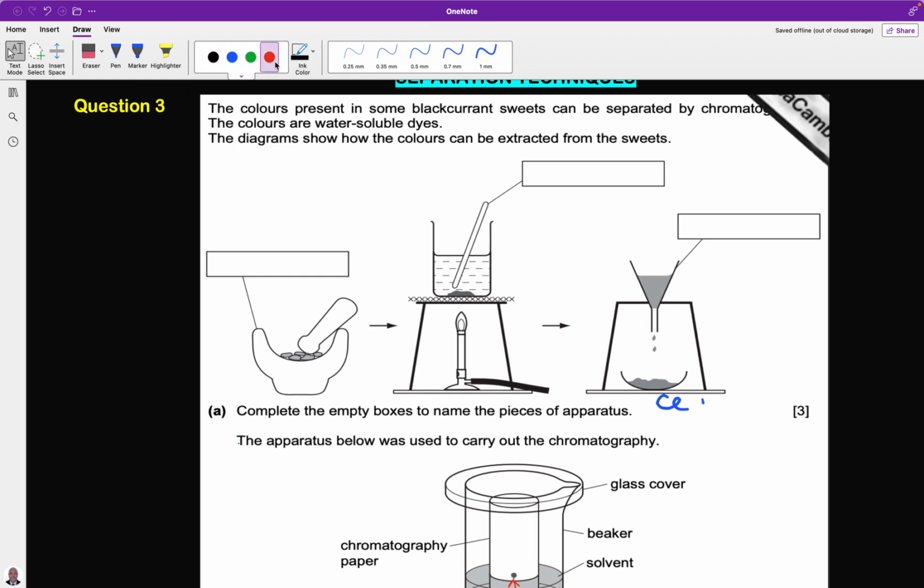Naming this apparatus, we will say this is a motor. This is a glass rod or stirrer.